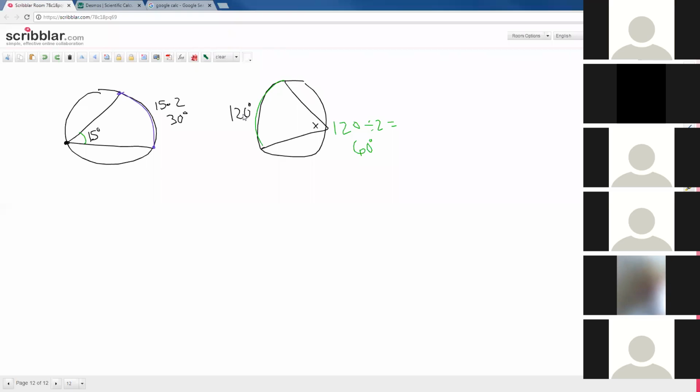Multiply by 2 if you're given something inside to go to the outside, or divide by 2 if you're given an outside angle and you're trying to find the inside. So let me know if I missed anything, but while you're thinking about that, I'm going to try and answer Jackie's question. Okay, looks like we're good on that one, on inscribed angles.